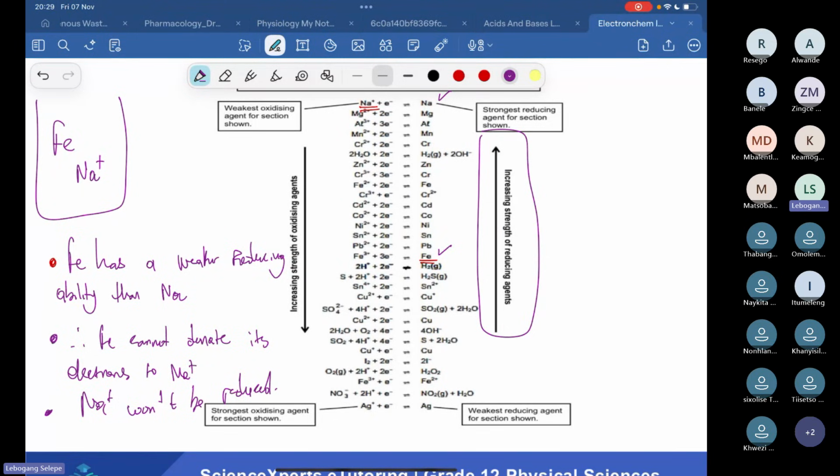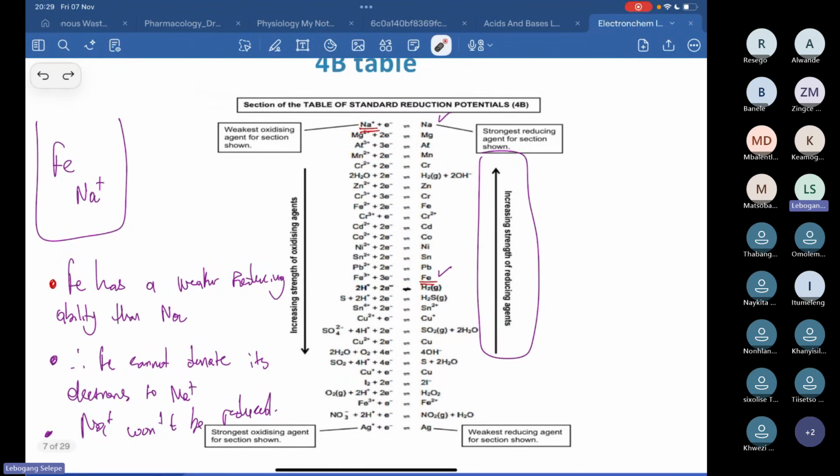If your donor, or giver, is below the acceptor, as in the case of Fe and Na plus, Fe won't be able to donate its electrons to Na plus, right?